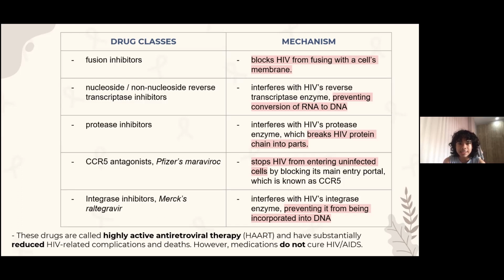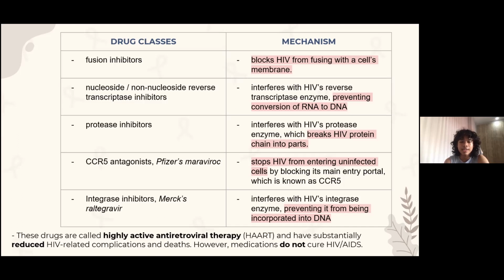The drugs are similar to DNA nucleotides. Over here, there are 5 main drug classes: fusion inhibitors, nucleoside or non-nucleoside reverse transcriptase inhibitors, protease inhibitors, CCR5 antagonists, and integrase inhibitors.